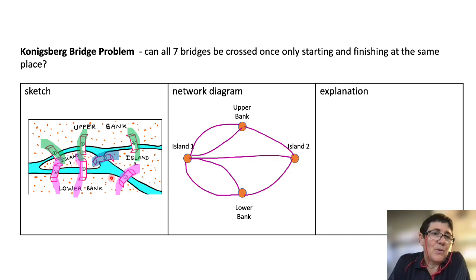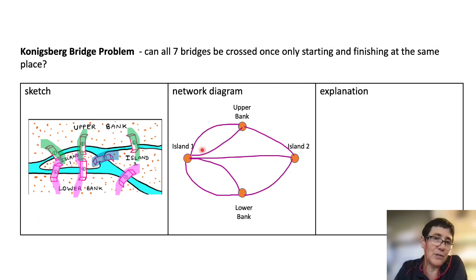So the Königsberg bridge problem is, can all 7 bridges be crossed only once, starting and finishing at the same place? Now we could draw all over this, trial and error, or we can go, wait on, Euler's little trick. This vertex has a degree of 3. This vertex is 3, this vertex is 3, and this one here is 1, 2, 3, 4, 5.